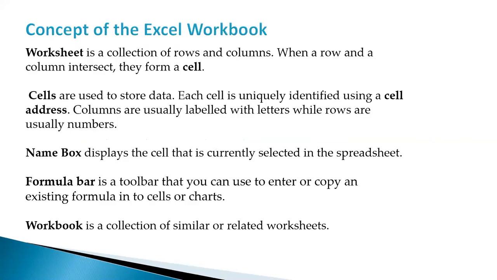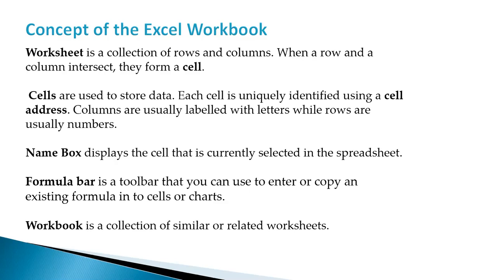So now we look at some of the major concepts of Excel workbooks. We've spoken about Excel worksheets, and we've seen that worksheets are just a collection of rows and columns. When a row and a column intersect, they form a cell. So cells are used to store data, and each cell is uniquely identified using a cell address.